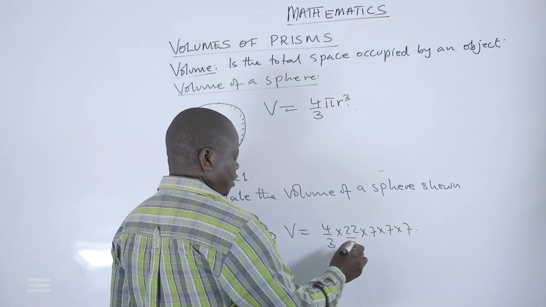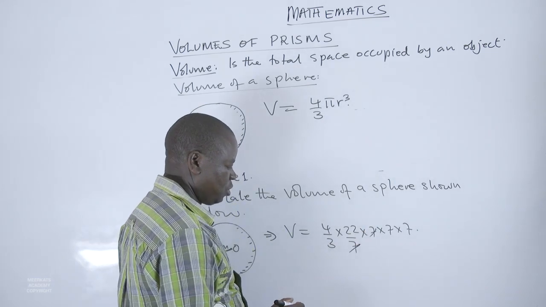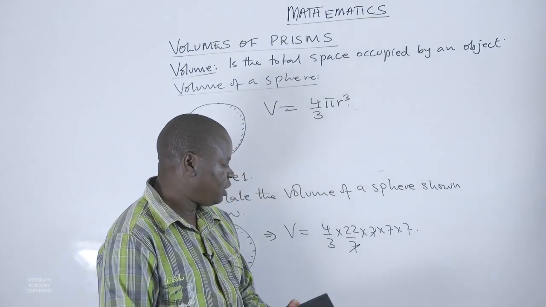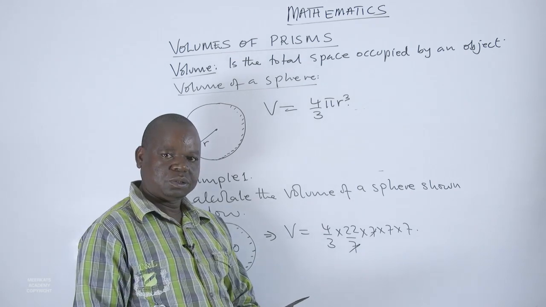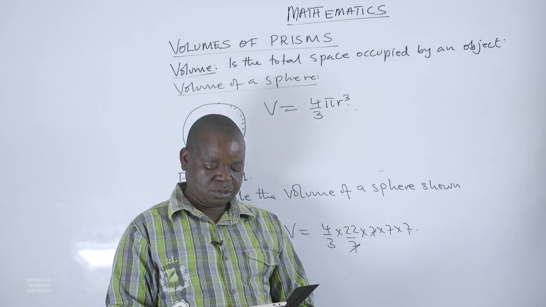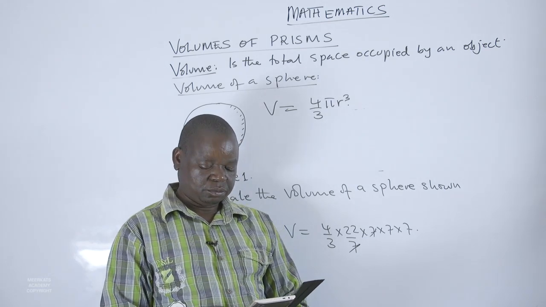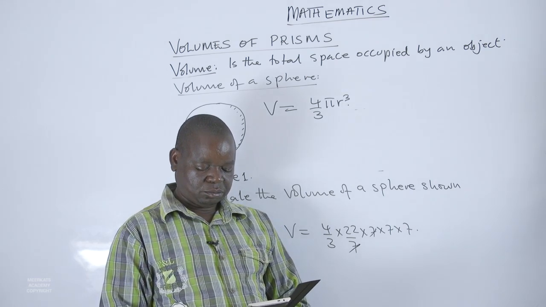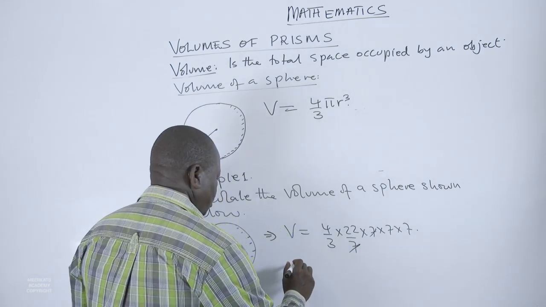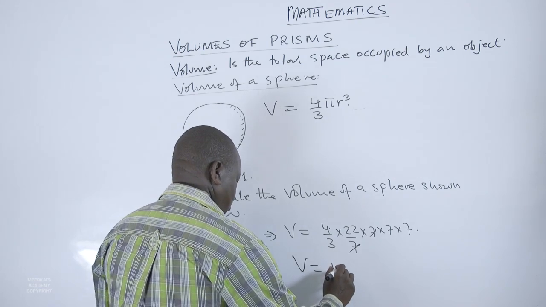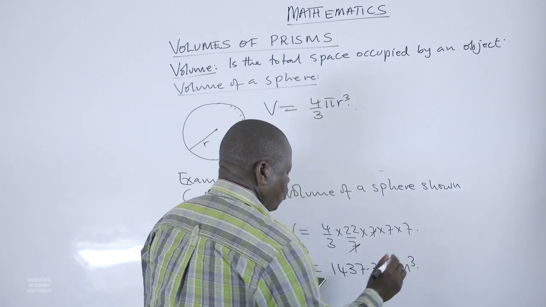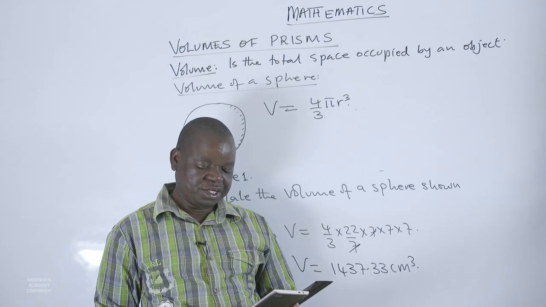And once we simplify, using your calculator, you get 1,437.33 centimeters cubed.